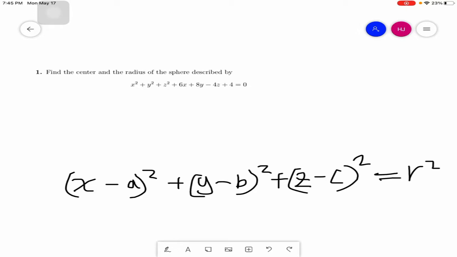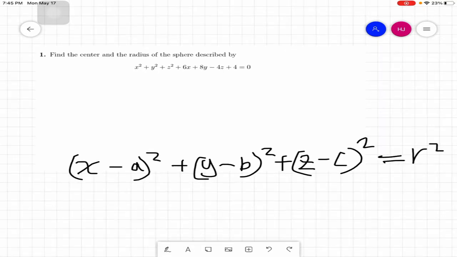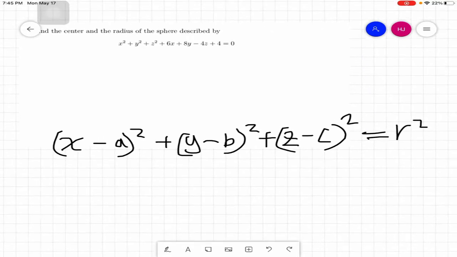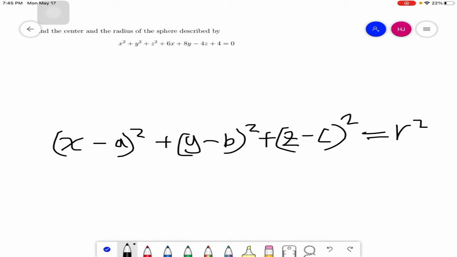So what we can do is reorganize the equation and essentially complete the square from there. Then we should be able to solve this question. First of all, I'm going to move all the x's together, all the y's and the z's together, and then I can complete the square more easily that way.